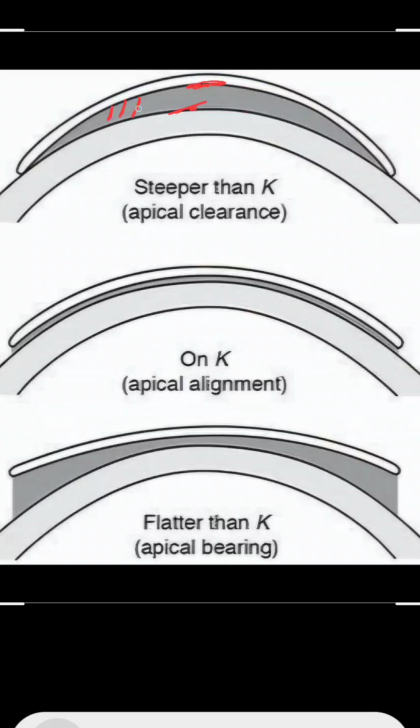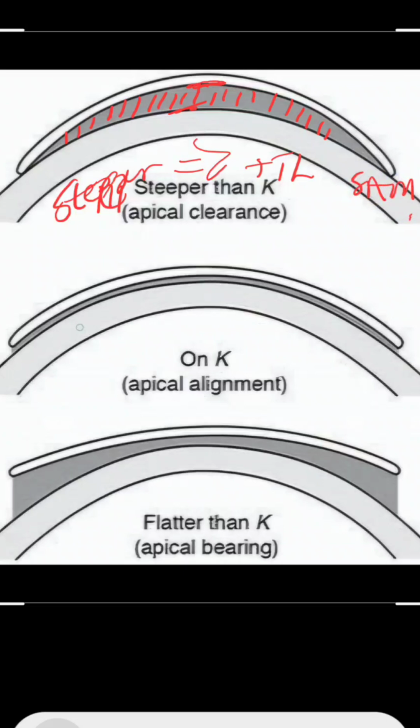Now, the formation of tear lens is between these two surfaces, and in a steeper fit, it forms a positive tear lens. So whenever a lens is fitted steeper, it gives us a positive tear lens. And this is why, for you to neutralize this positive tear lens, you had to add minus. This is where SAM comes in.